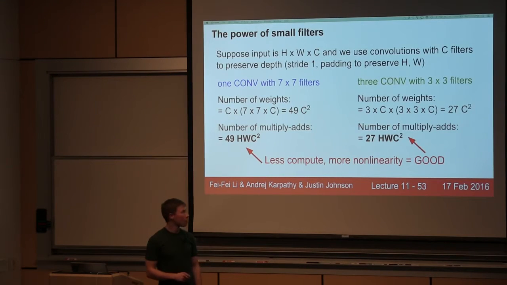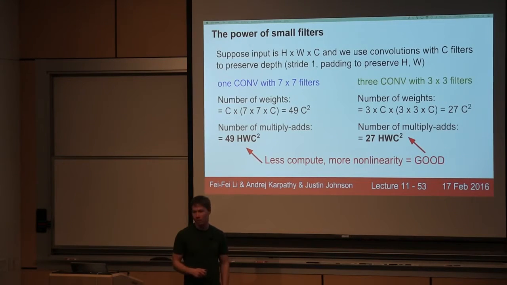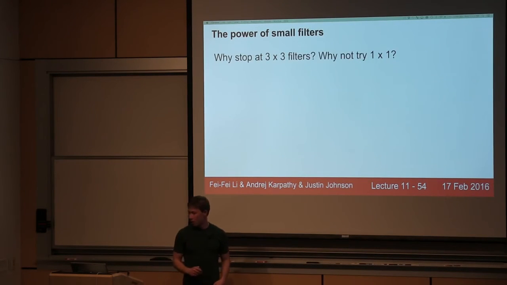So the stack of three 3x3 convolutions gives us more nonlinearity for less compute. That gives you some intuition for why multiple layers of 3x3 convolutions is preferable to large filters. But then you can think of another question.